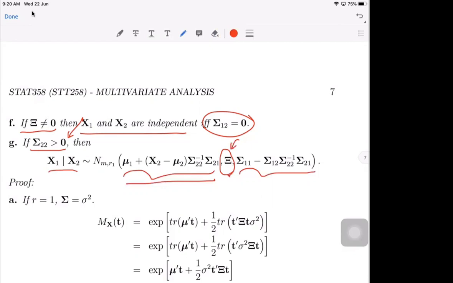You have psi here, and the variance is equal to this. The covariance between the columns. So the usefulness of this is we can easily get the parameters of the conditional distribution. That is, this is the mean, no? So you can just look at the mean vectors and the covariance matrix to solve for the parameters of x1 given x2.